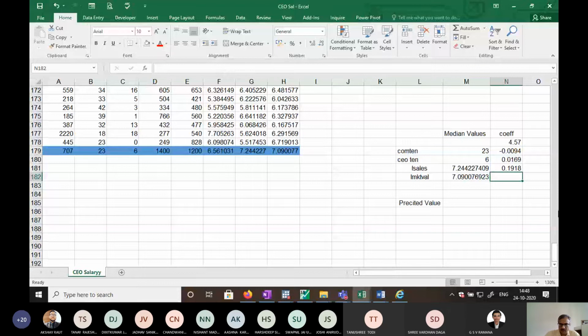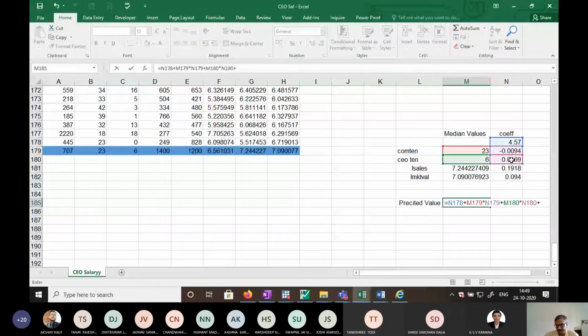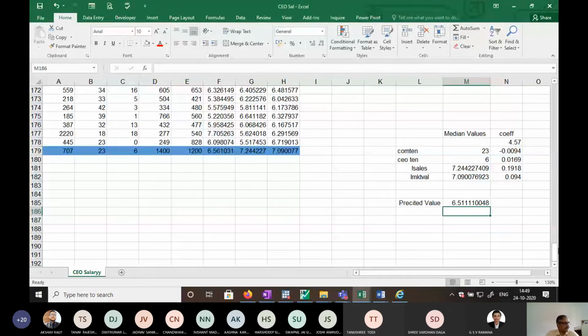With the help of the model, I'll be running this model: coefficient plus this multiplied by this. I can run some product also, but okay, what we have done. Plus, and this is the value which we are getting, and obviously we are getting the value in log.